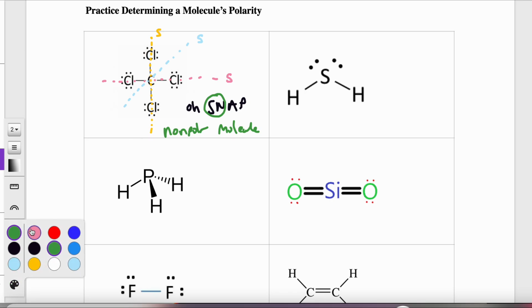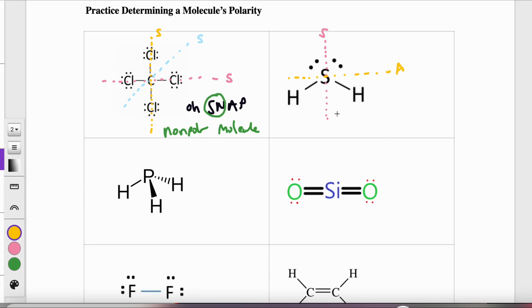Now, taking a look at the next structure, the sulfur and hydrogen. When I cut this down the y-axis, what I see on the left seems to be a mirror image of what I see on the right. So there's symmetry. We have to look at this through the center atom, which is sulfur. So now when I cut this through the x-axis or plane, and when I look to see the contents above the plane versus what's below, it doesn't match.